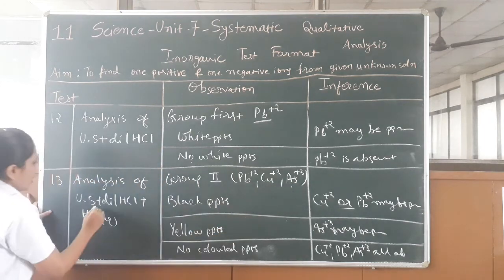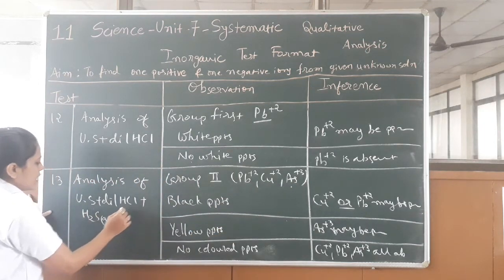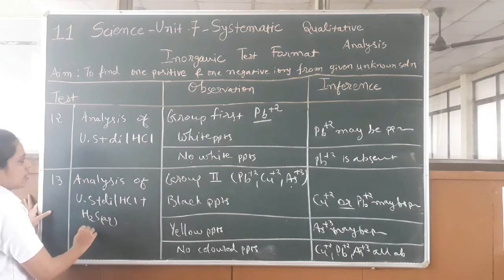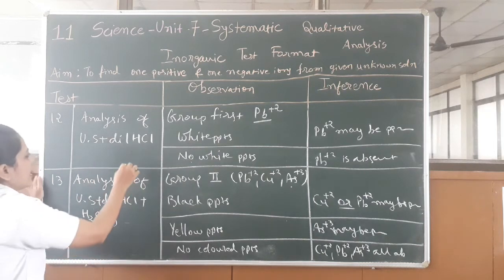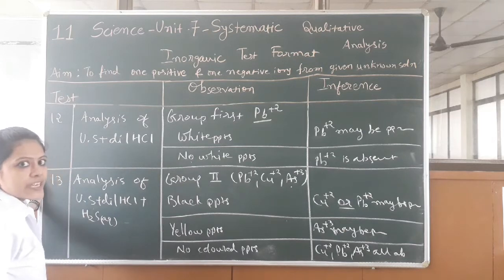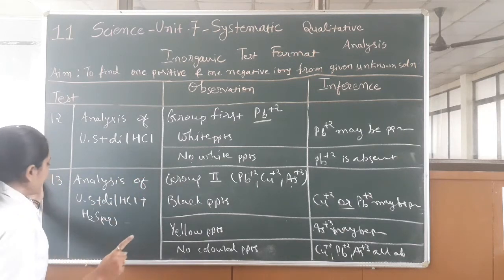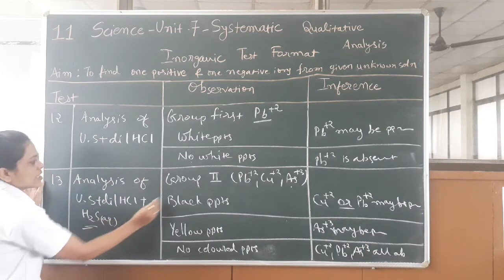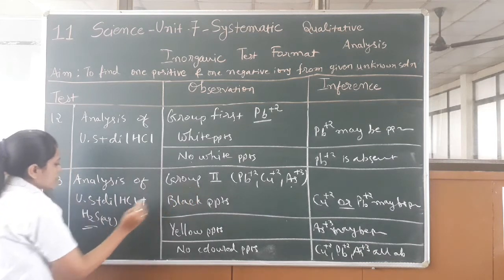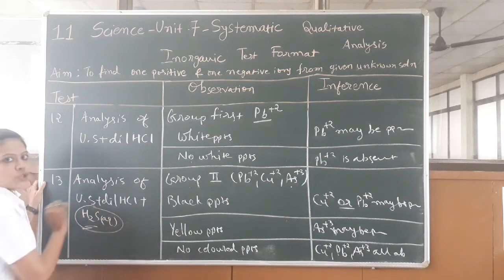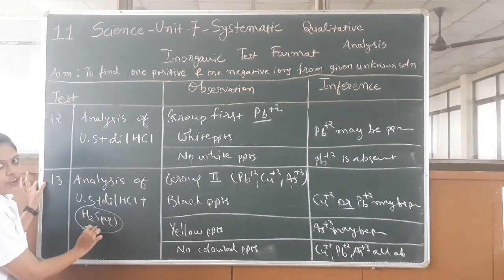Unknown solution plus dilute HCl plus aqueous H2S. Because in the second group test we have to add only aqueous H2S. This is the difference.